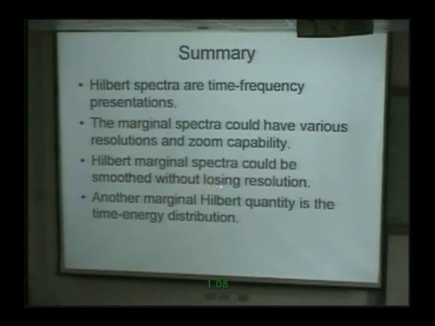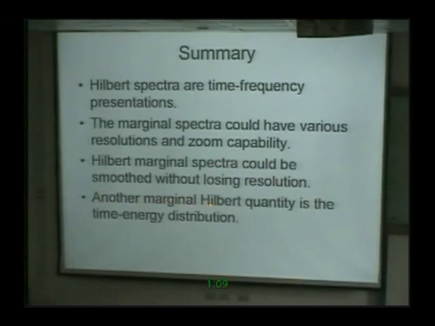Here, this statement is technically not totally correct. Without losing resolution means I still have the same number of points in frequency, but it's smoothed. With many other smoothing methods, you may lose number of points, so this statement needs to be modified.